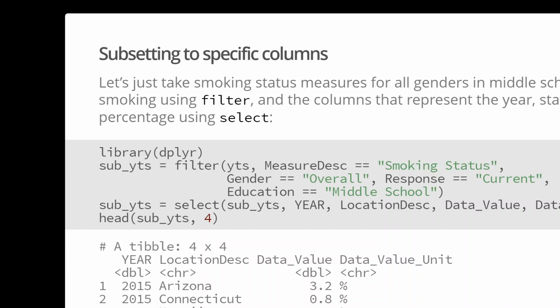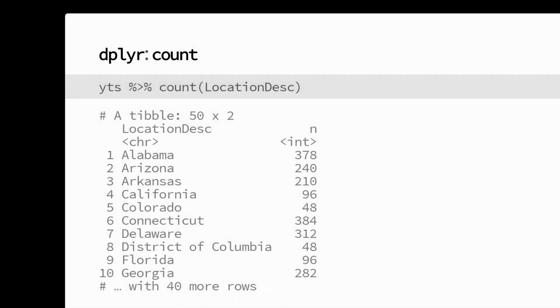We say measurement description equals smoking status, gender equals overall, response equals current, and education equals middle school. And this will just come up with the subset of rows. Then we're just going to select columns year, location description, data value, and then data value unit. And so if we look at this, you'll see, hey, now there's many fewer. And I can just do this alongside you guys.